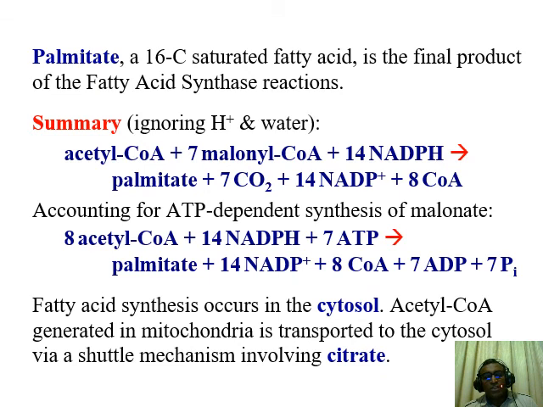Because acetyl coenzyme A, having the negative charge of phosphate, cannot easily penetrate the mitochondrial membrane, the lipid bilayer. For that, we need to look into the next slide.